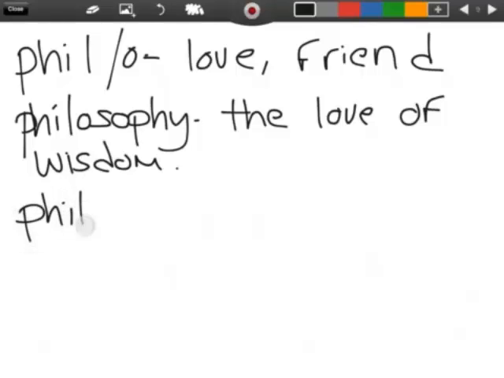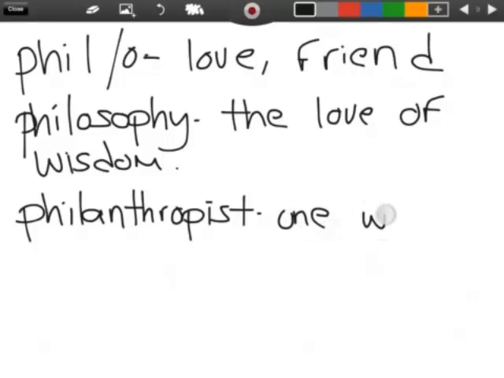Is philanthropist. And philanthropist means one who loves humanity.